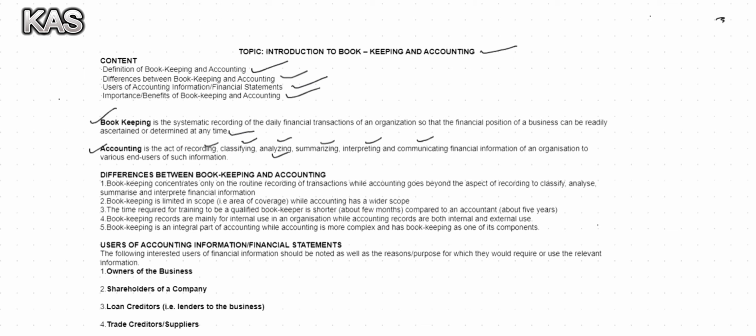What do you do after that? You must summarize it because it's not everybody that will go through all your transactions. Okay, what is the summary of that transaction? Let's assume you say, today I made sales of, let's say, 50,000 naira, and you have an expense of 10,000 naira. So your profit there is 40,000 naira.